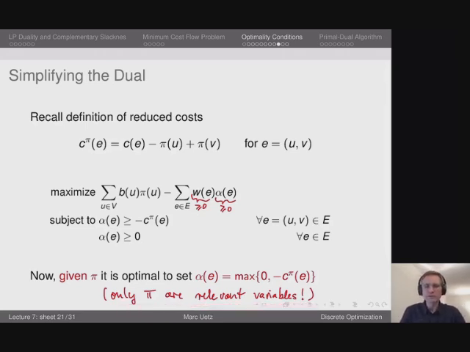Okay, so now that we have written down both the primal and the dual LP, we have understood a little bit how the mechanics of this dual LP works, we can try to formulate the complementary slackness conditions, because that is eventually what I need in order to characterize optimal solutions. So remember, primal complementary slackness said that when the primal variable is strictly positive, the corresponding dual constraint should be fulfilled with equality.